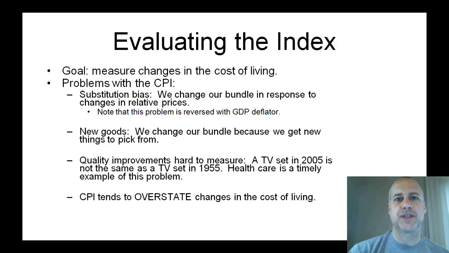And in a bundle such as the CPI, the problem is that we don't measure the fact that we can substitute away from things that have become more expensive and toward things that have become less expensive. With the GDP deflator, essentially it sees what happens after we've already made those substitutions and doesn't account for the fact that part of the substitutions we're making are because we've become worse off due to certain price indexes.